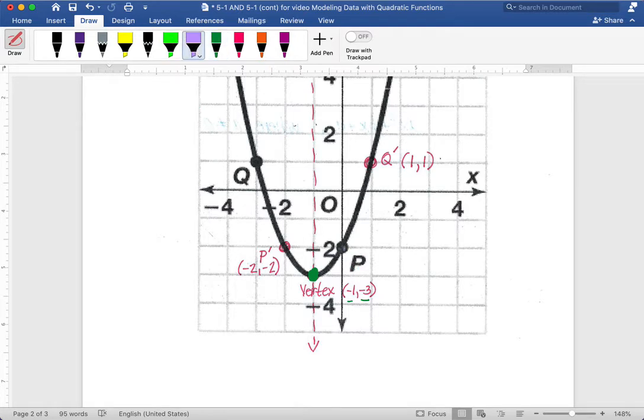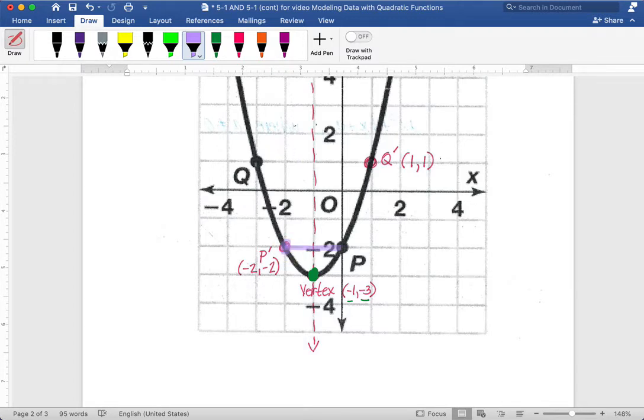So here's point P, and I want the point that corresponds with point P. Well, notice, P is exactly 1 unit away from the axis of symmetry. Its corresponding point would be 1 unit on the other side of the axis of symmetry, this point right there.